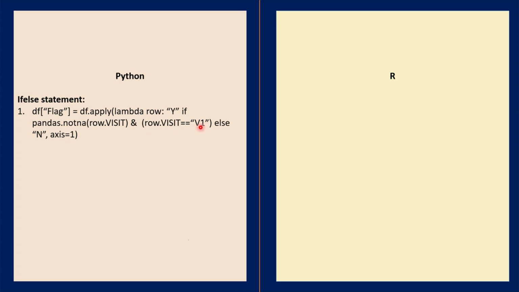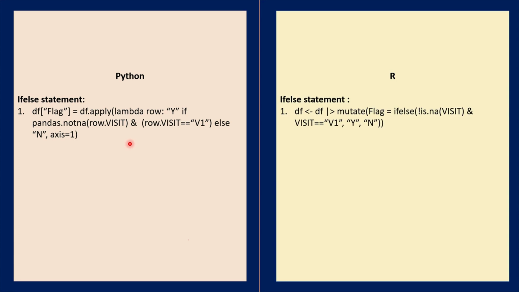If it is visit 1, making it a Y, and also checking if there are any missing rows here. So you can check using the notna function from the pandas package. The rest of the values are considered as No, and in this way the flag variable can be created based on the different kinds of conditional values you want to create.